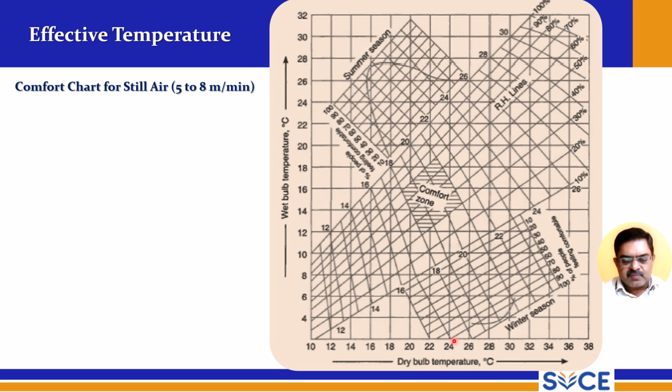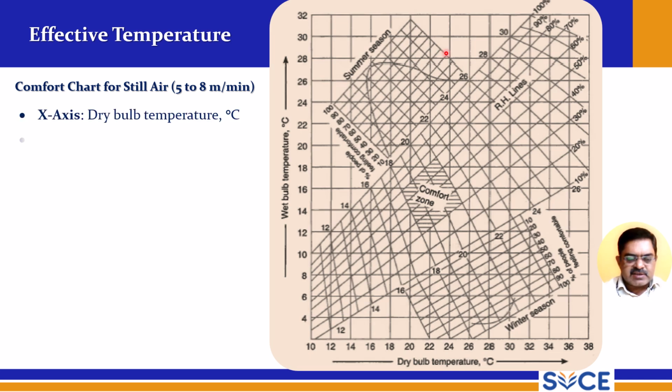Actually it starts from 17 or 19 degrees onwards in terms of dry bulb temperature. And we have other lines like relative humidity lines, and this is the summer season. For that, this is how the curve is drawn, and this is the simple comfort chart.